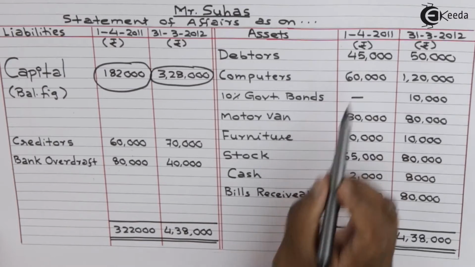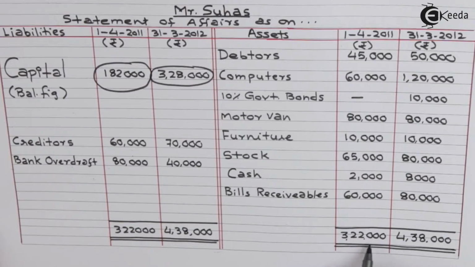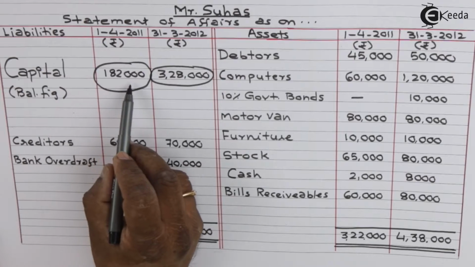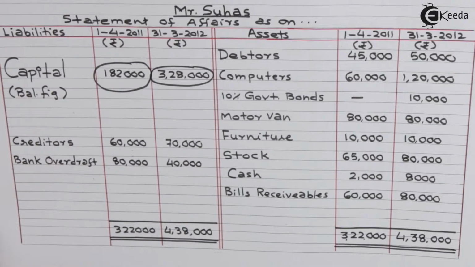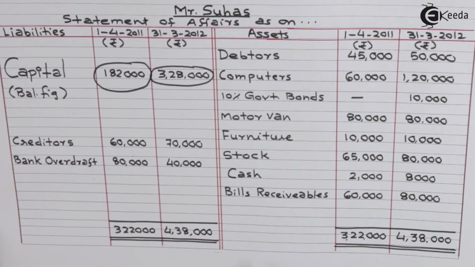On 1st April 2011, opening balances of assets total is 3,22,000. From this 3,22,000, if we deduct creditors and bank overdraft, we get opening capital 1,82,000. On 31st March 2012, total of asset side is 4,38,000.